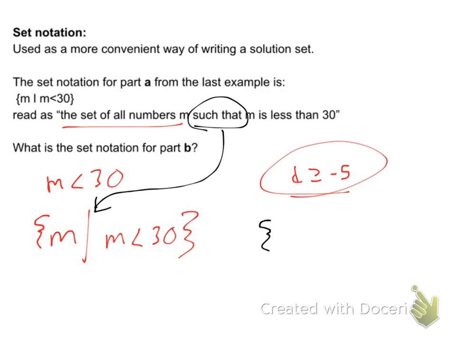Bracket, D, such that D is greater than or equal to -5 and your bracket. Done. For all D such that D is greater than or equal to -5. Those were all the acceptable answers.